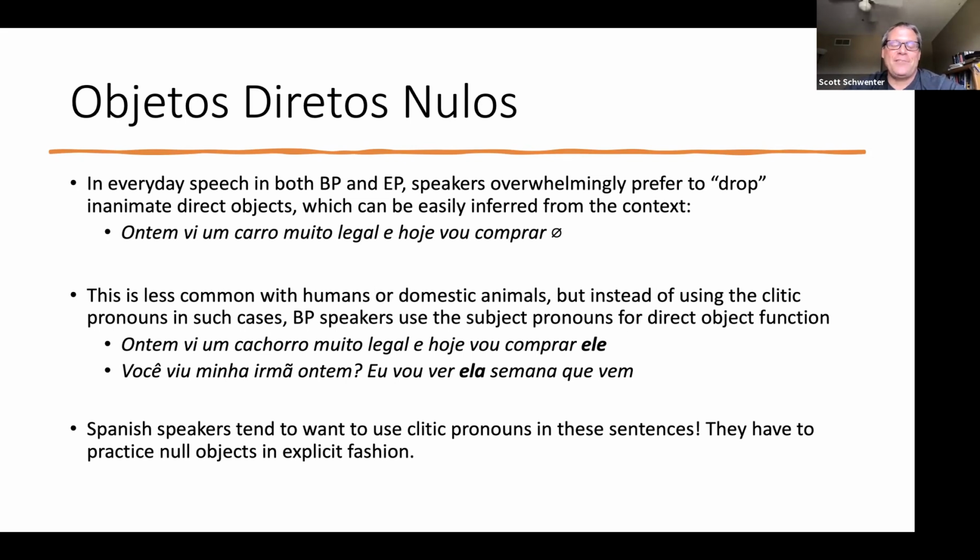And so we actually have to have them practice these dropping sentences, right? Dropping this pronoun and teach them not to use it. So this is a really fun part, I think, of learning Portuguese for a Spanish speaker, but it can also be frustrating for a Spanish speaker.